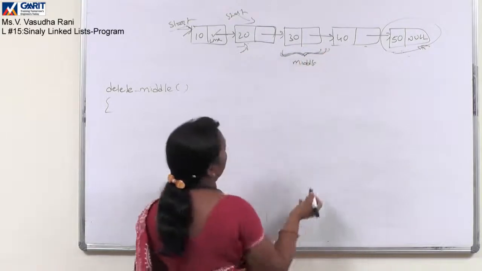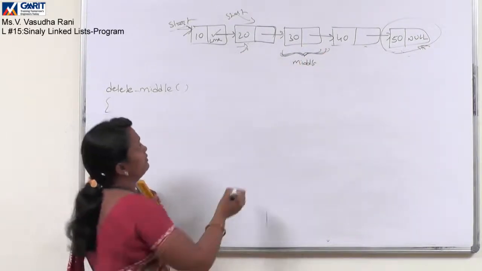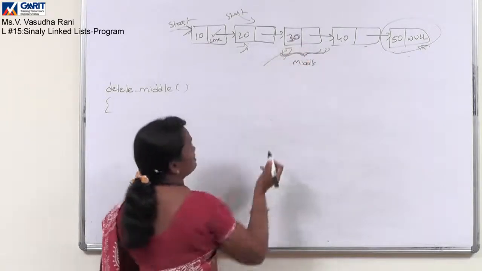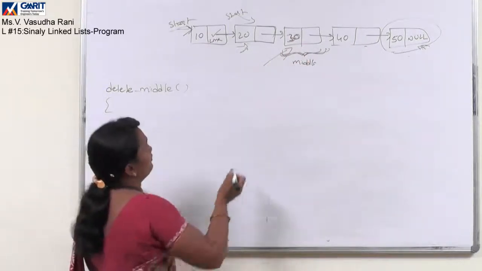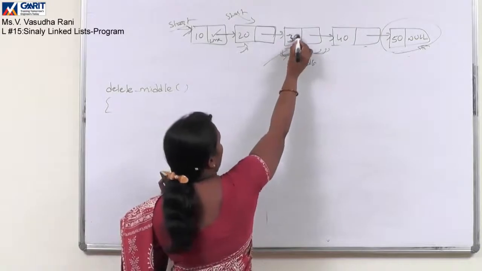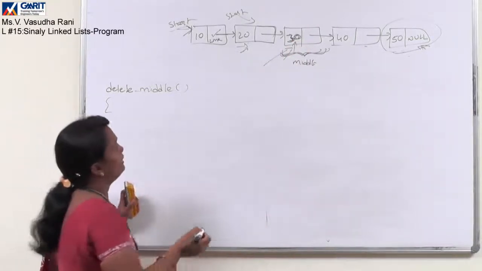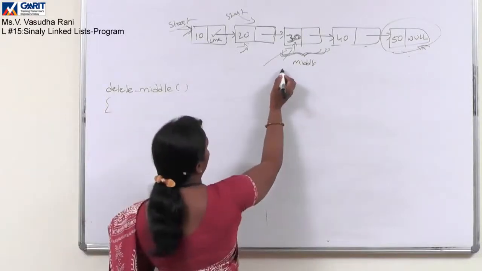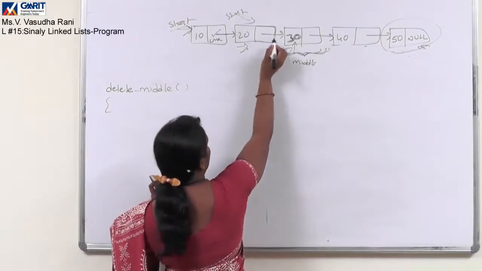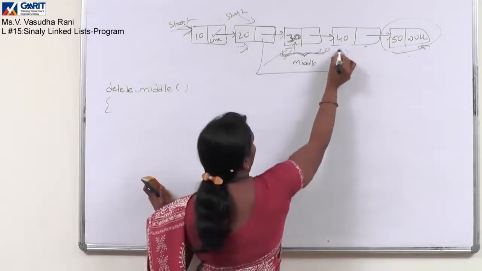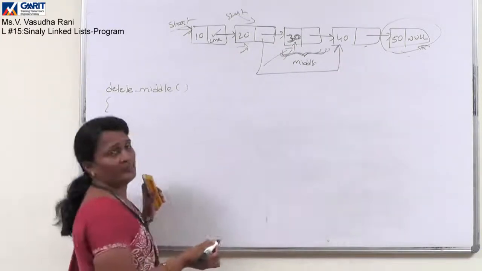If this is the node to be deleted, which node we are going to delete? We need to identify based on its data value. So its data value is 30. We are saying that node to be deleted. Now what should happen after deletion? The link of this previous node of this 30 has to be linked to the next node of 30.